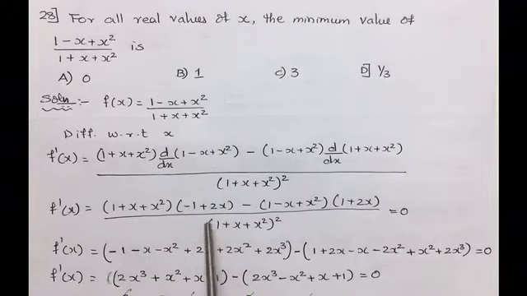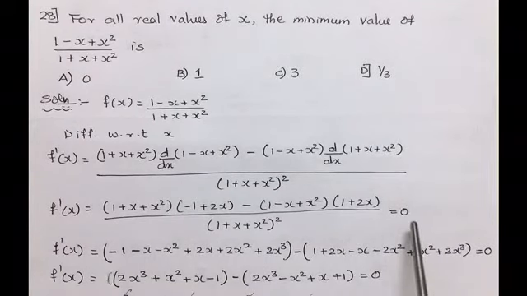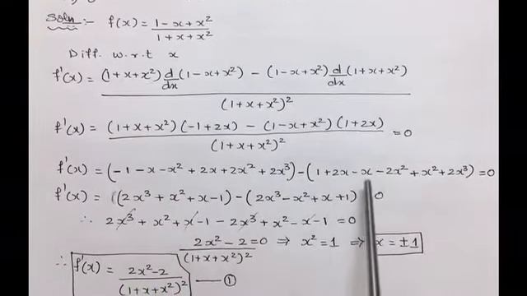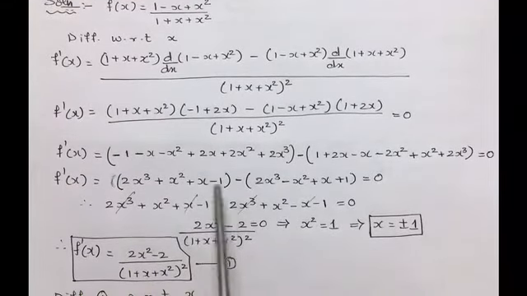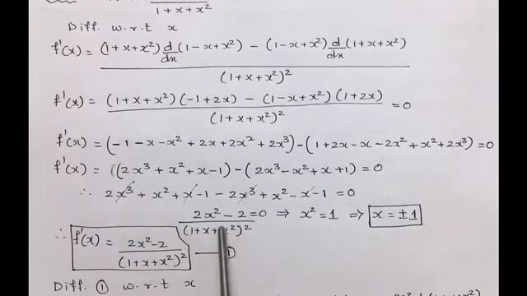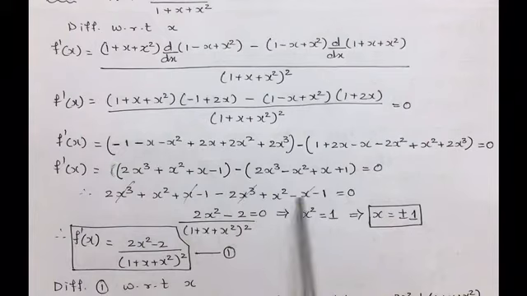Then opening the brackets, and this first derivative we have equated to 0. Simplifying it, only the numerator part is being calculated here. By opening it, we get the complete simplification as 2x square minus 2 upon (1 plus x square) whole square equal to 0.